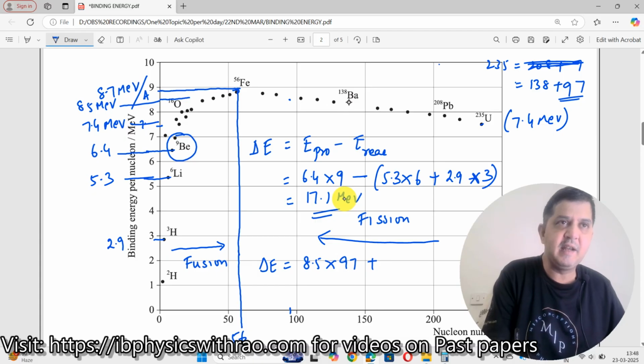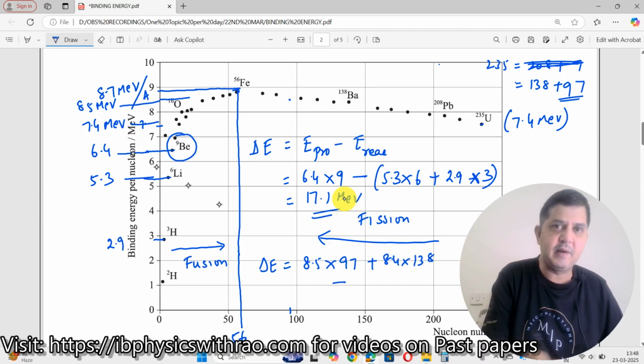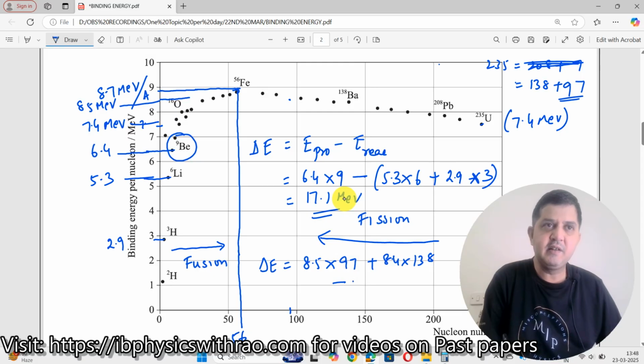This would be around 8.4, and 97 could be around 8.5. So 8.4 into 138, minus, now uranium-235, how much is it? 7.4 into 235.